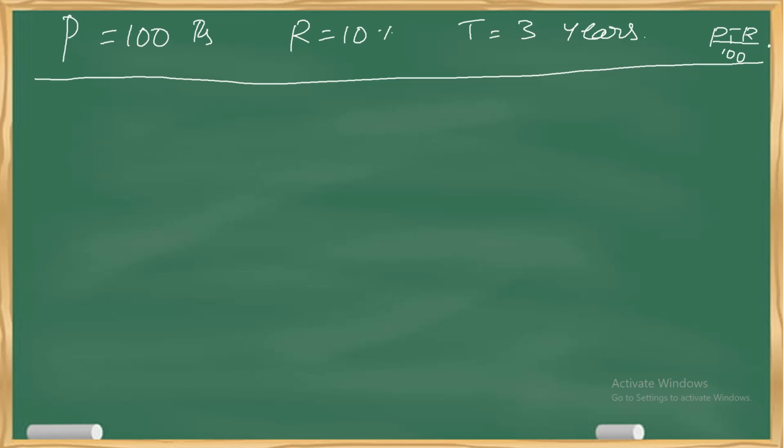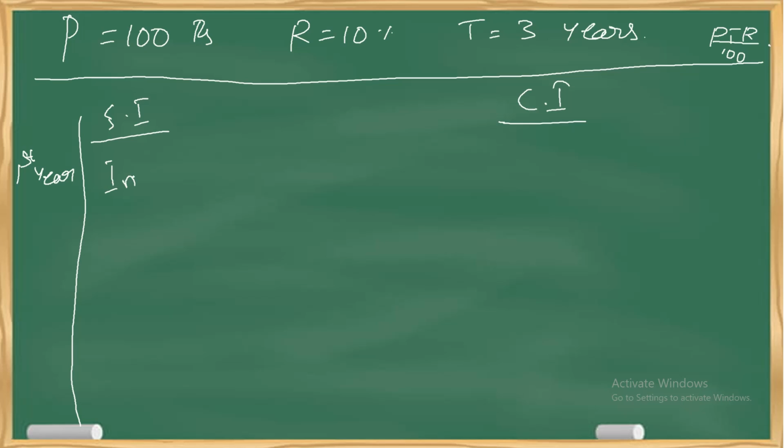I will use only this formula for all the comparison here. Now this is simple interest and this is compound interest. So first year, listen carefully. I'm talking about only 1 year.